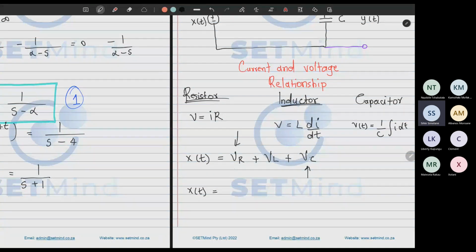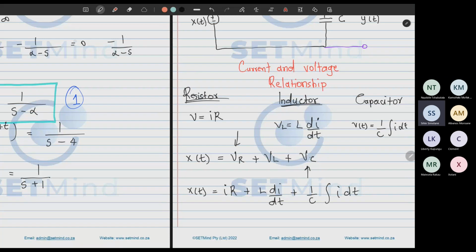The voltage across the resistor, we know it is I times R. The voltage across the inductor, we know it is L di/dt, plus the voltage across a capacitor, we can see it is 1 over C times the integral of I dt.